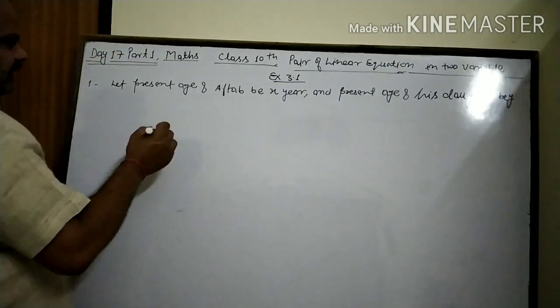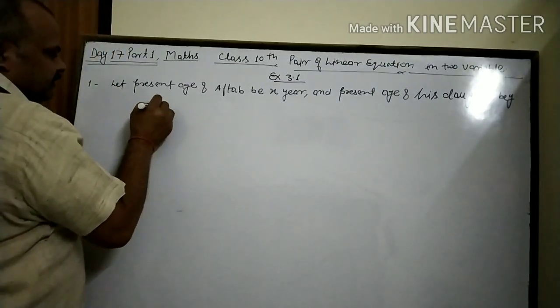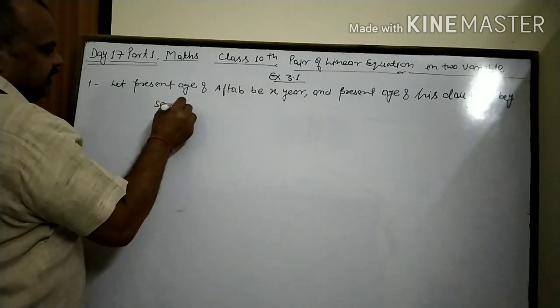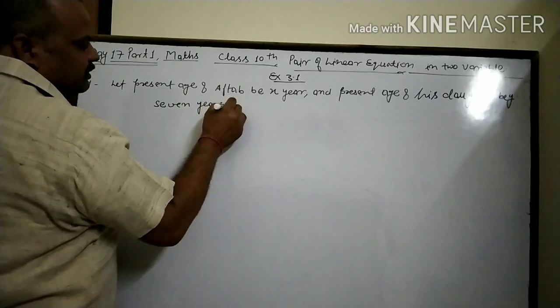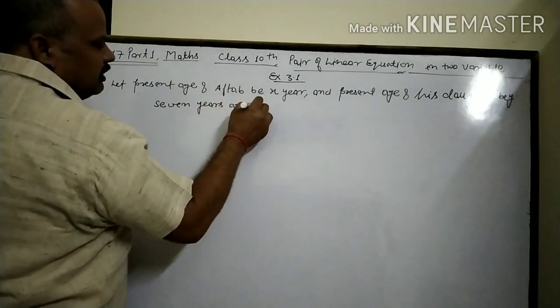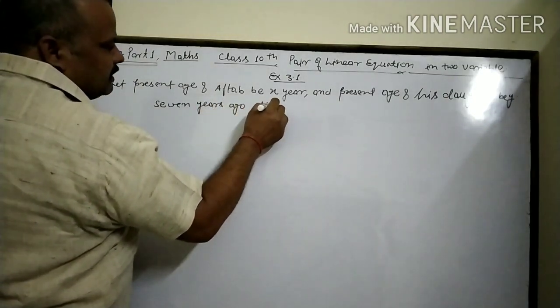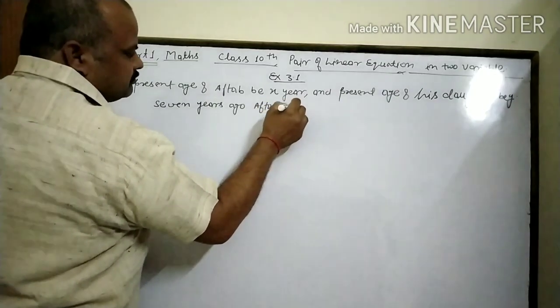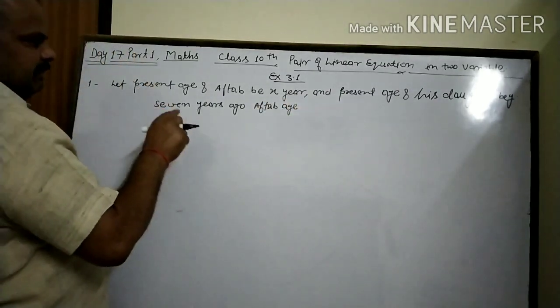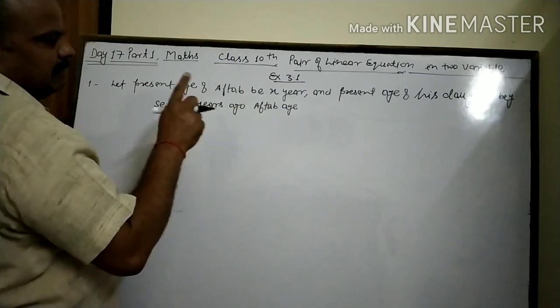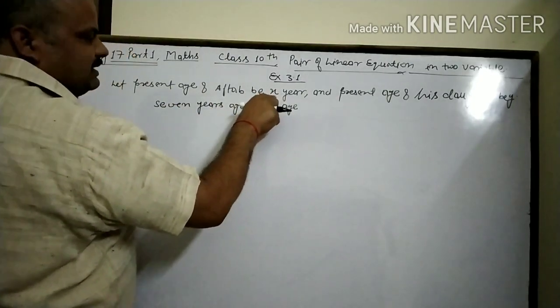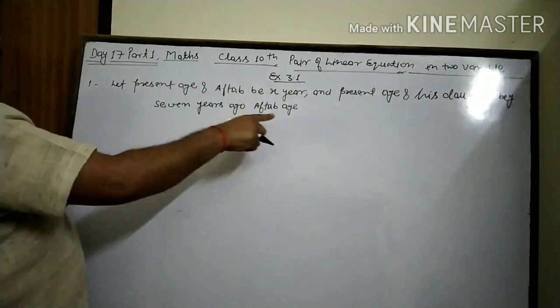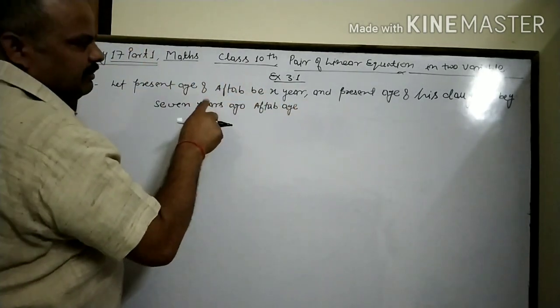Then here we can write 7 years ago Aftab's age. If Aftab's age is x, then 7 years ago means before 7 years.